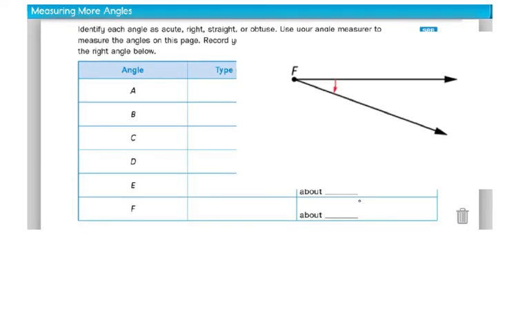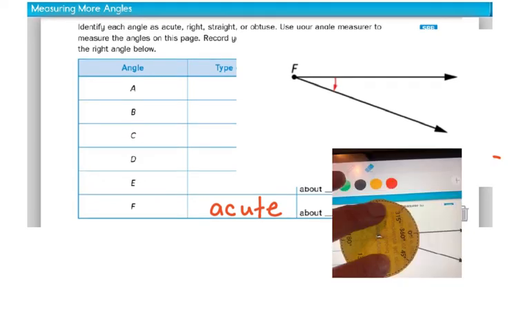And lastly, angle F. That is an acute. Oh, it's so little, it's cute. Let's go ahead and write acute for the type of angle so we know it has to measure less than 90 degrees. You can see my point if you look real careful, hanging out there.